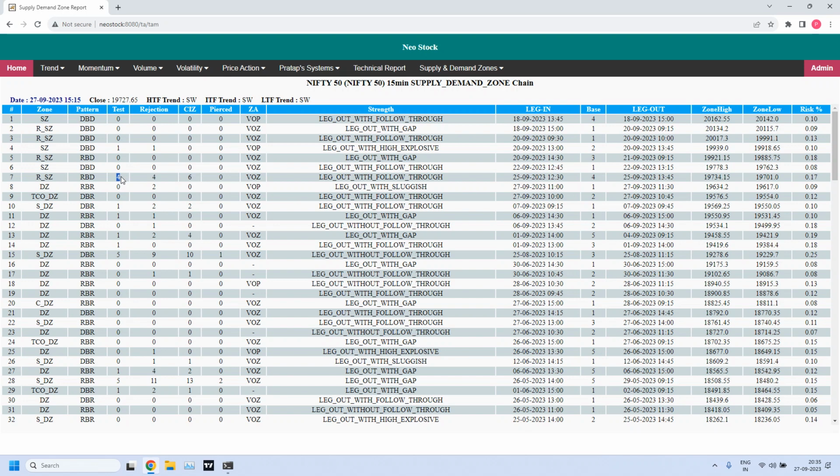So whoever traded on a 25 minutes time frame, they might have been trapped because of this lower time frame zone. And we are able to track this zone just because of top-down analysis with the help of this supply demand zone chain. That's why this supply demand zone chain is very, very important.